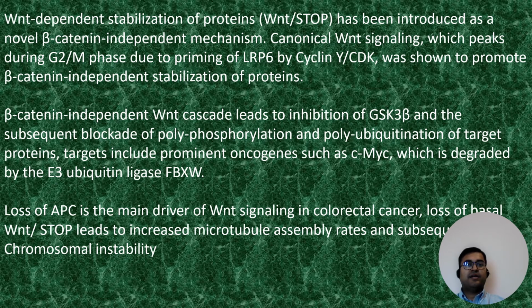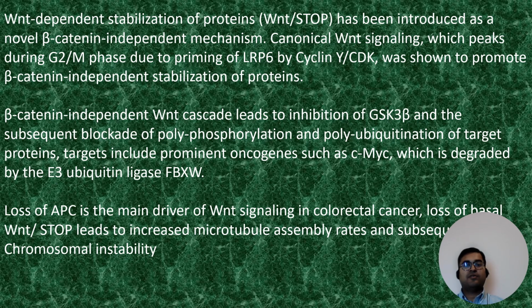Now, Wnt-dependent stabilization of proteins, Wnt/STOP, has been introduced as a novel beta-catenin independent mechanism. Canonical Wnt signaling, which peaks during G2/M phase due to priming of LRP6 by cyclin Y-CDK, was shown to promote beta-catenin independent stabilization of proteins. Beta-catenin independent Wnt cascade leads to inhibition of GSK3 beta and the subsequent blockade of polyphosphorylation and polyubiquitination of target proteins.